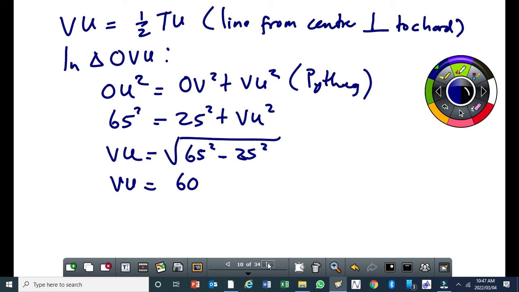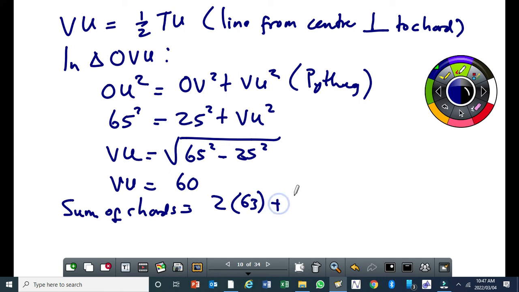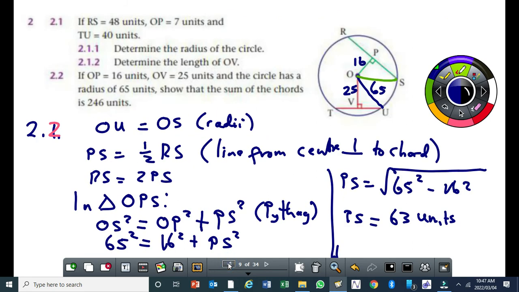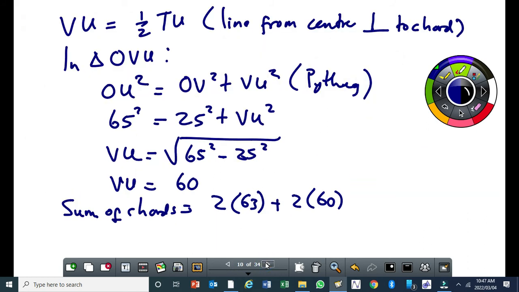So the sum of chords will be equal to 2 times 63 plus 2 times 60, because PS and VU are half of the chord, based on theorem 1: line from center perpendicular to a chord bisects the chord.